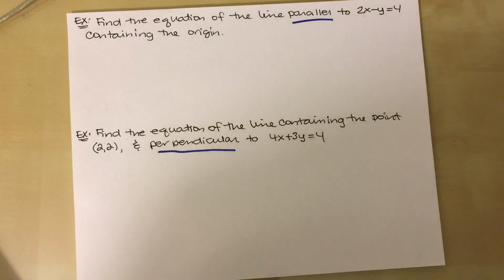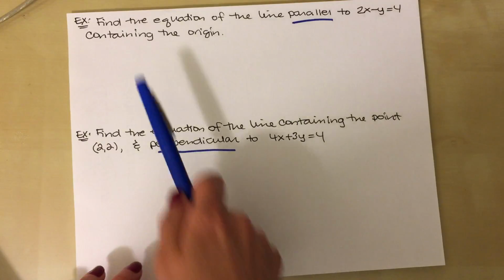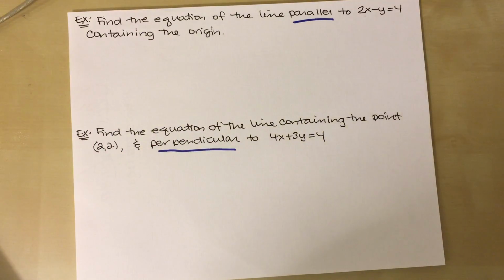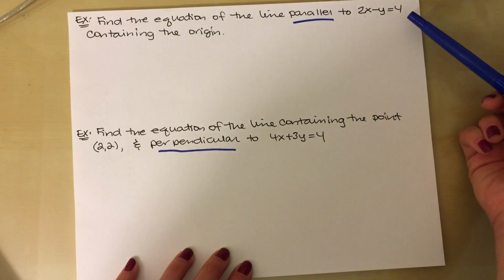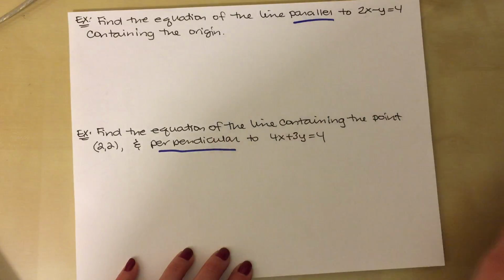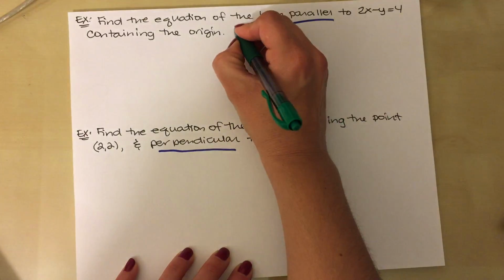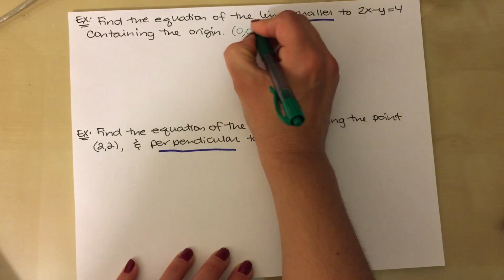I'll show you how to do these. First question. Find the equation of the line that is parallel to 2x minus y equals 4, and it has to contain the origin. The origin is just (0, 0).